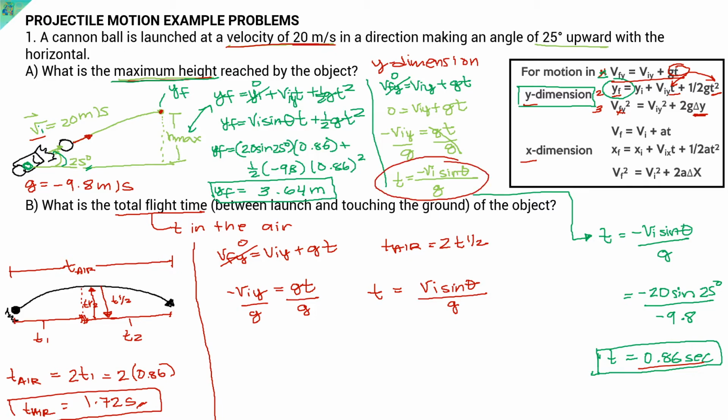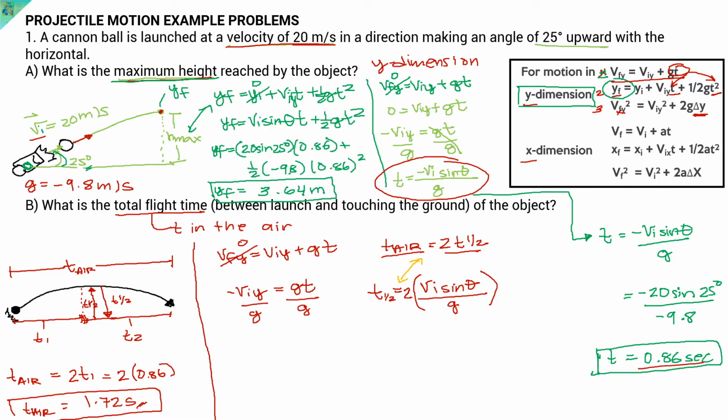However, when we talk about time in the air, according to our premise here, the time in the air is actually 2 times t 1/2. And if this formula here is our t 1/2, we just have to multiply this by 2 according to this premise here. So that's the same.